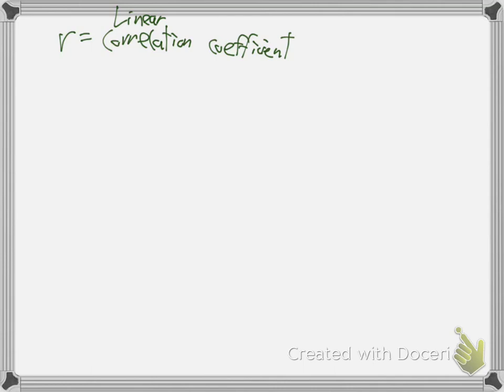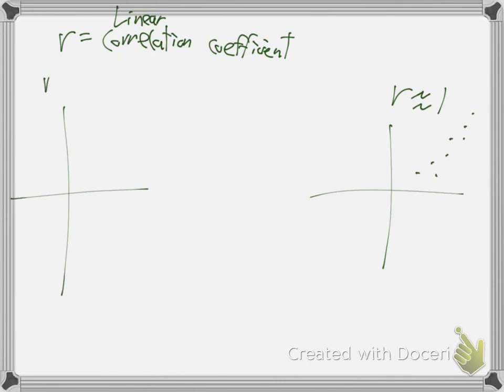So if the R value is approximately equal to 1, then the dots line up. The closer it is to negative 1, the dots line up going down.